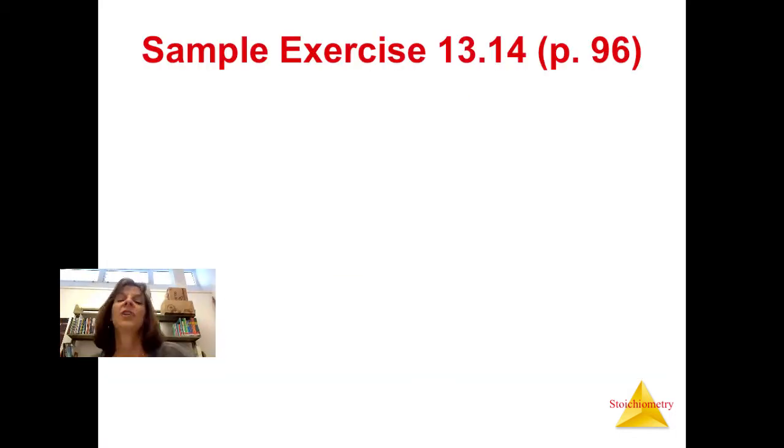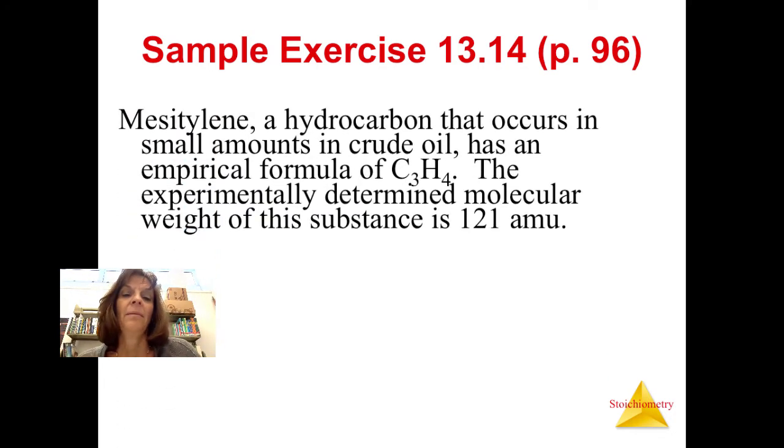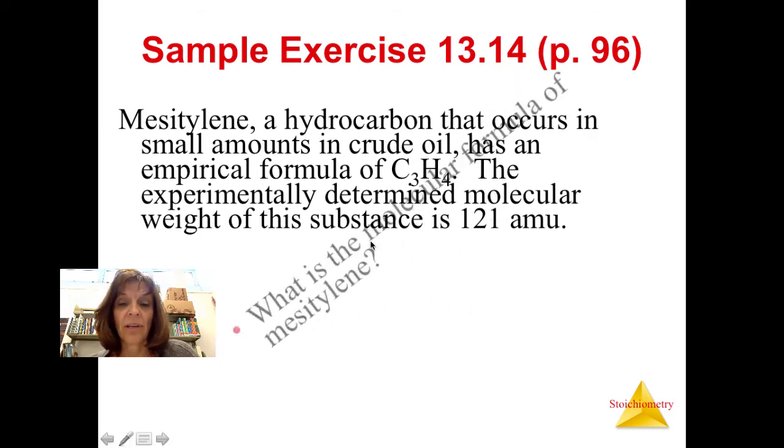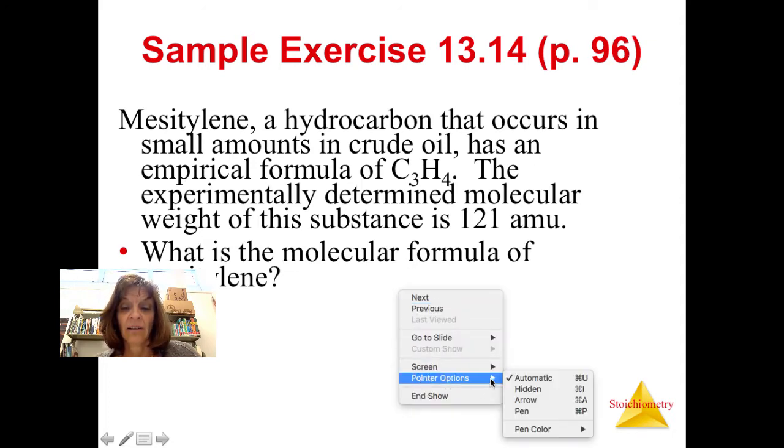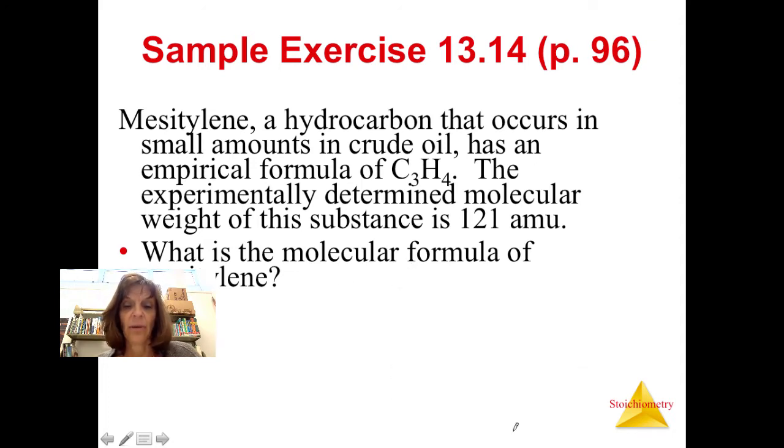So let's try an example to determine a molecular formula. Mesitylene, a hydrocarbon that occurs in small amounts in crude oil, has an empirical formula of C3H4. The empirically determined molecular weight of the substance is 121. What's the molecular formula? All right, let's do a problem.